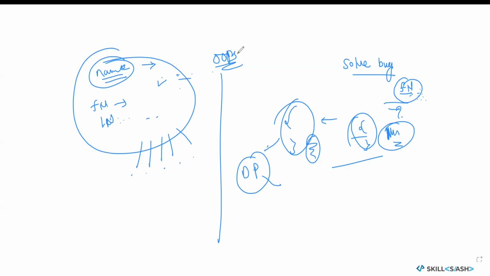But let's see that. Now, what is the private access modifier? We saw protected, we saw public, and protected can be used with subclasses.